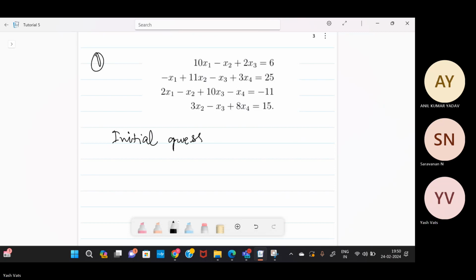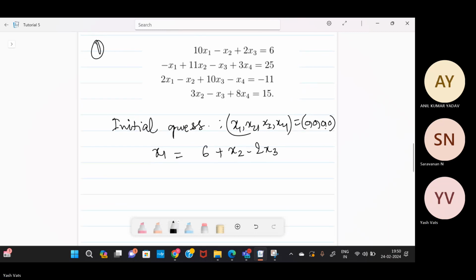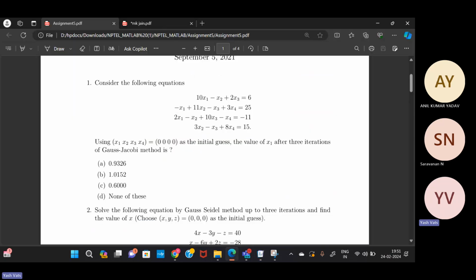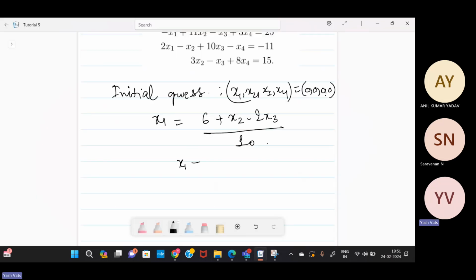The initial guess is x1 is equal to 6 plus x2 minus 2x3 upon 10, with initial guess x1, x2, x3, x4 all 0, 0, 0, 0. And this is the first iteration. So what is the value of x1 after the first iteration? x1 is 6, right?